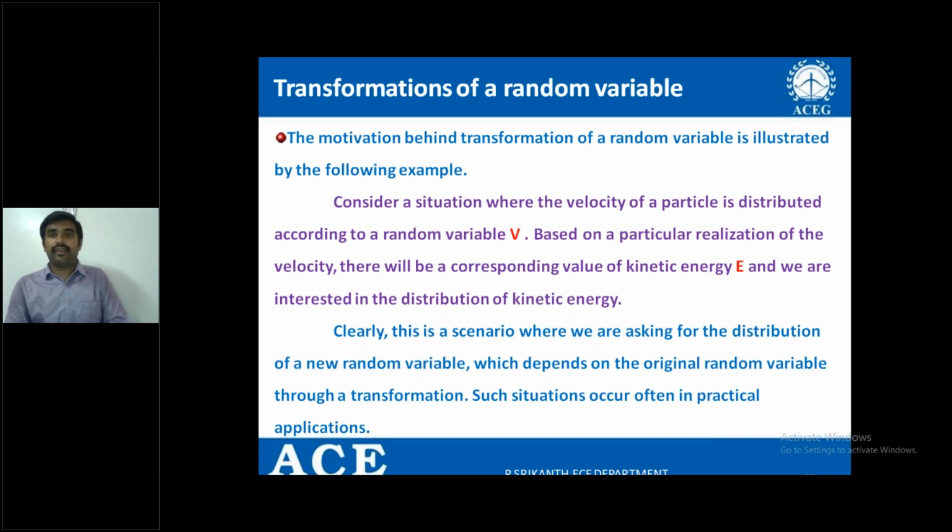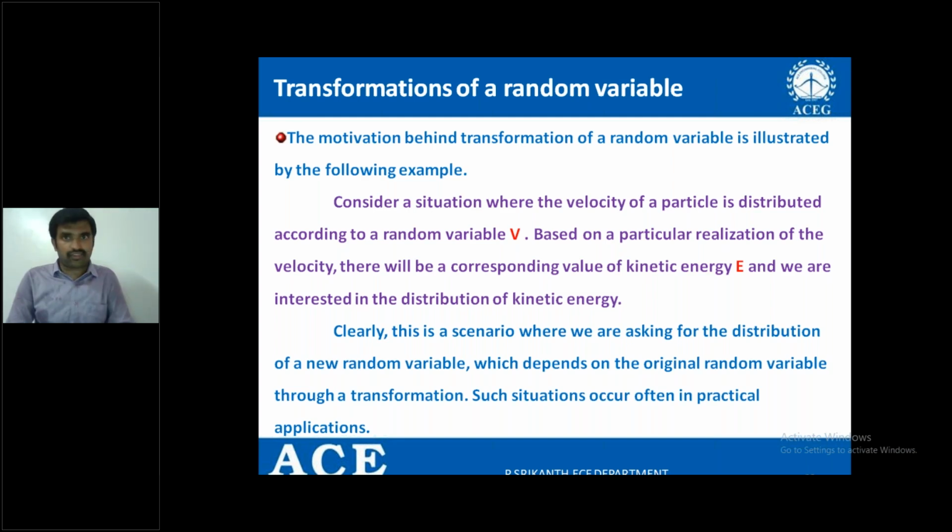Why? Because here the distribution is based on the velocity, but we are interested in the distribution of kinetic energy. So ultimately, do we need to transform the random variable v to the random variable E or not? Is it right or not? Because the distribution is given for velocity, but we need the distribution for kinetic energy. Therefore, I need the transformation from v to E, right?